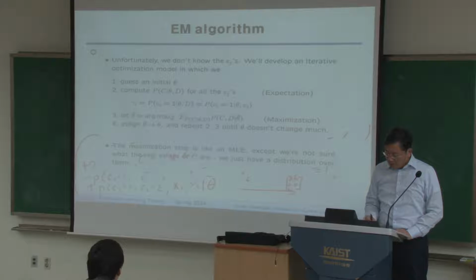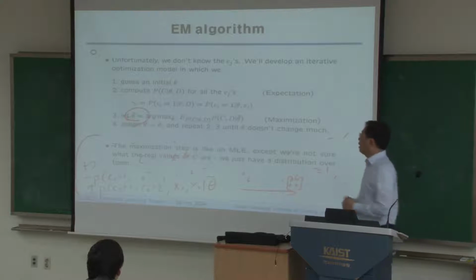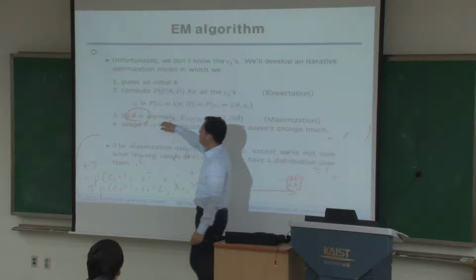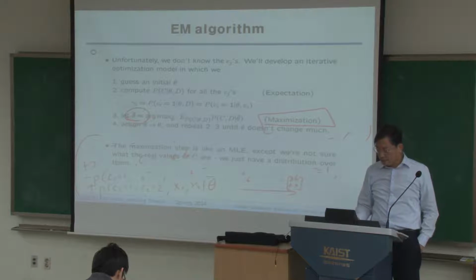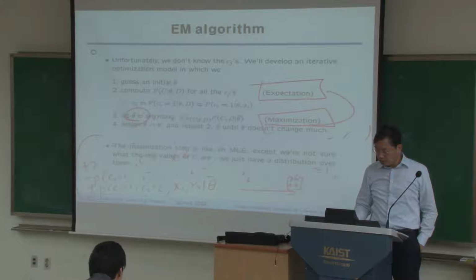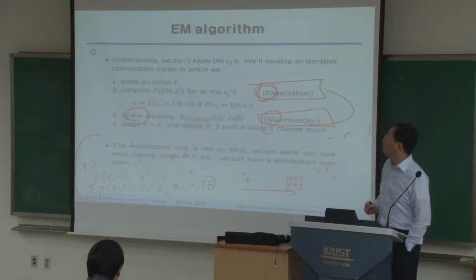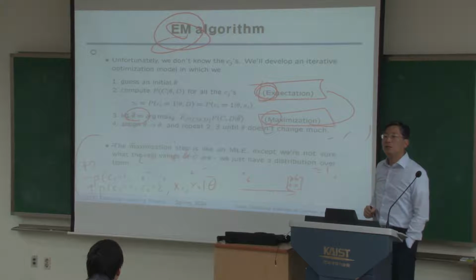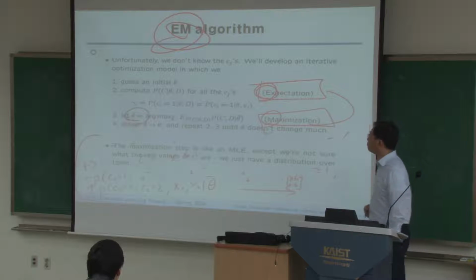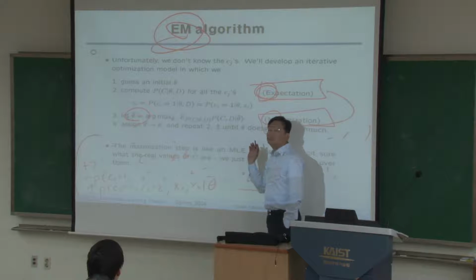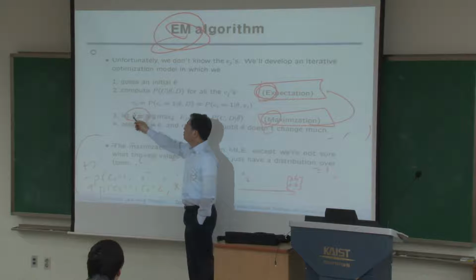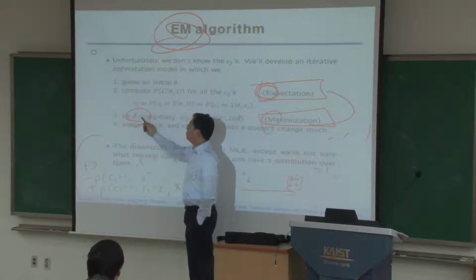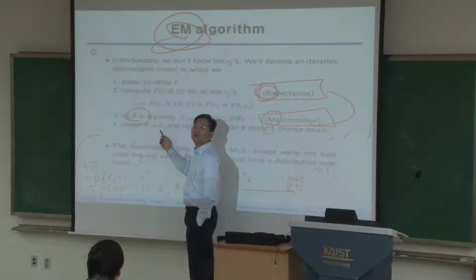And this step in updating, maximizing, is called the maximization step. So expectation and maximization, you take the E and M, and you call it the EM algorithm. Okay? Now, your theta hat, the circumflex, will be your new guess of theta.